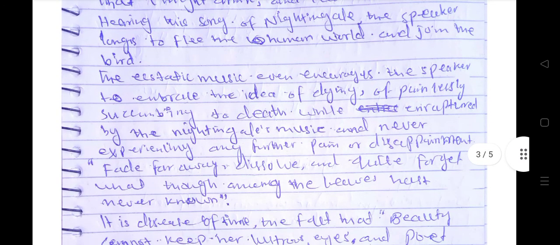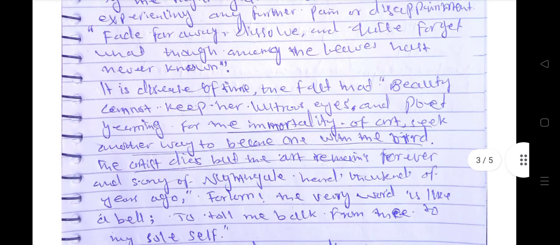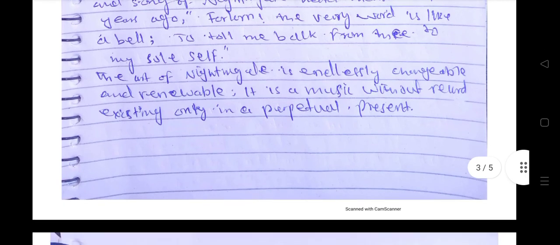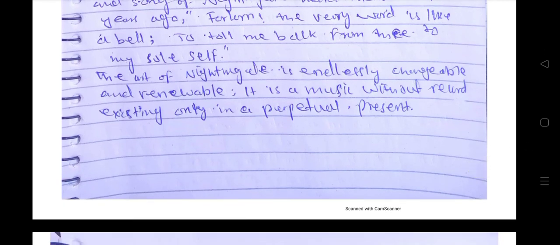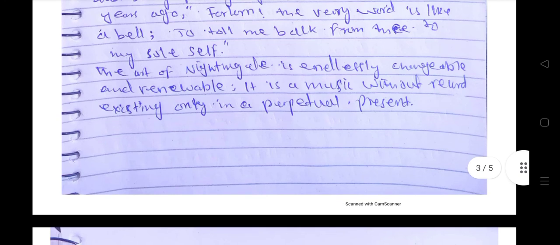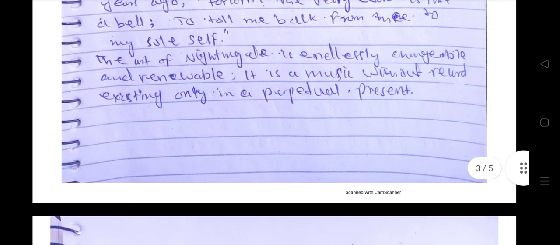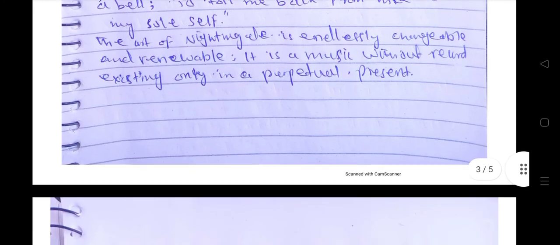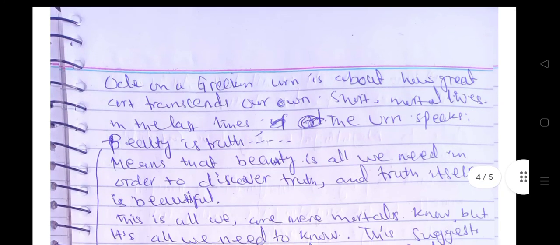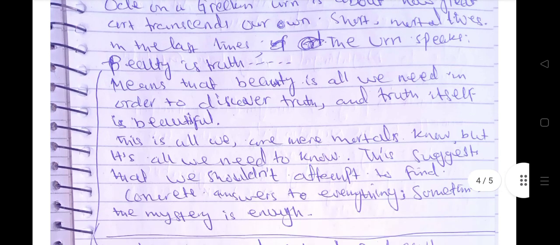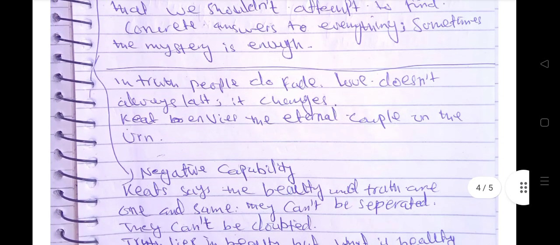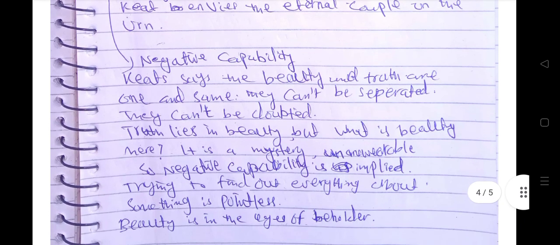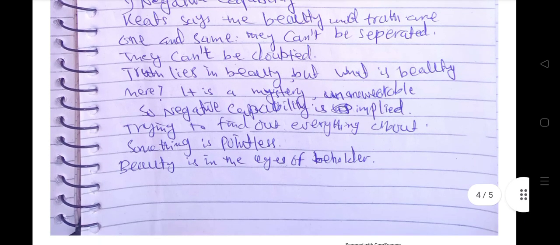The song of the nightingale is endlessly changeable and renewable, and it is music without regard, existing only in a perpetual present. Keats says that beauty and truth are one thing, they cannot be separated, right?